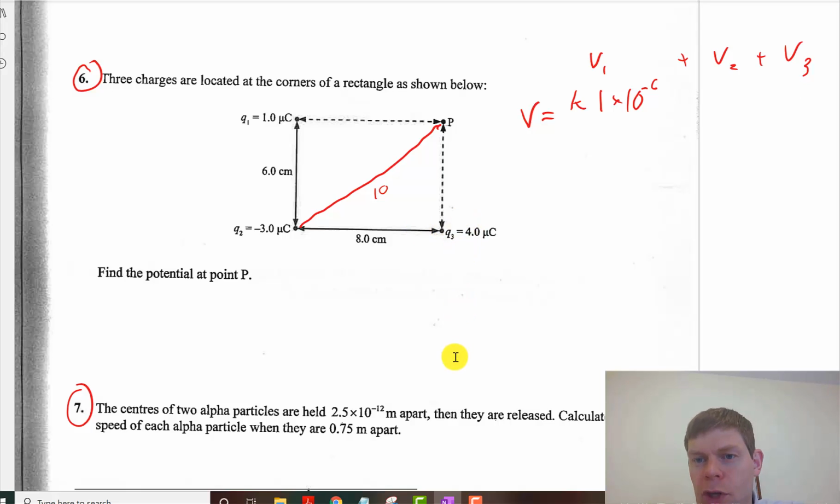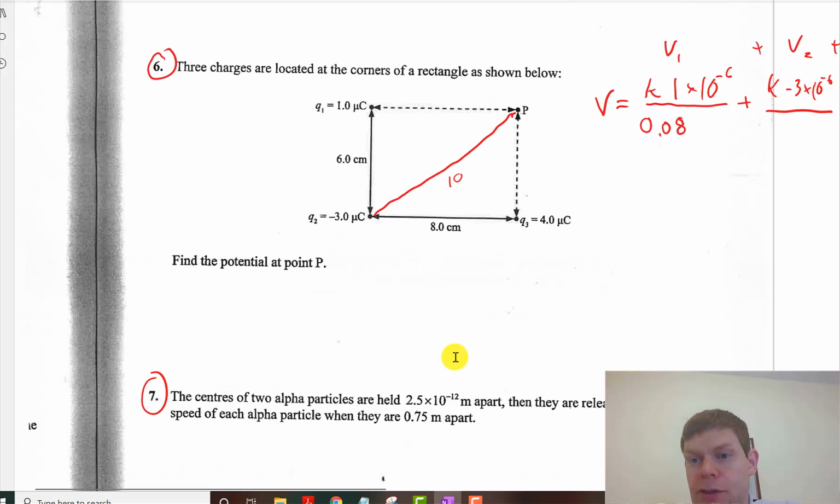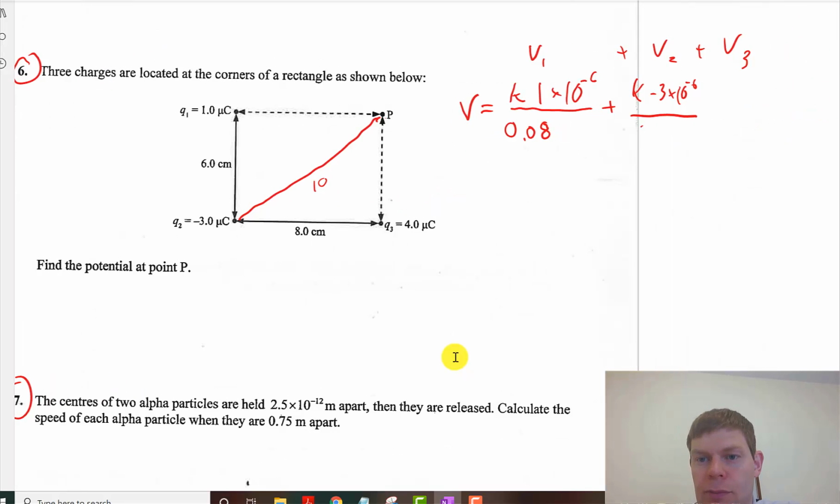So you've got K times 1 microcoulomb over the distance, which is 8 centimeters, so we got to do 0.08, plus K times -3 times 10 to the minus 6 all over our distance of 10 centimeters, so 0.1 meters.